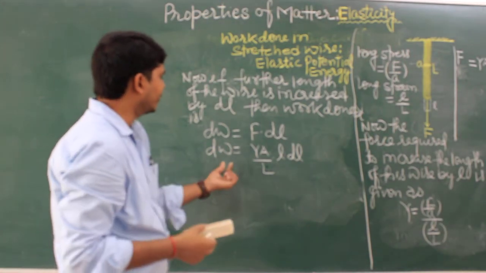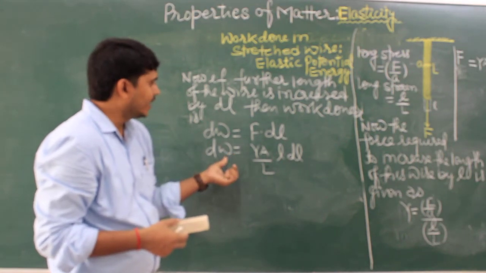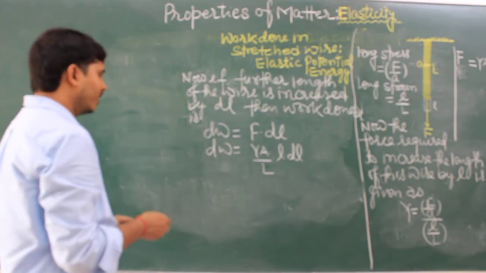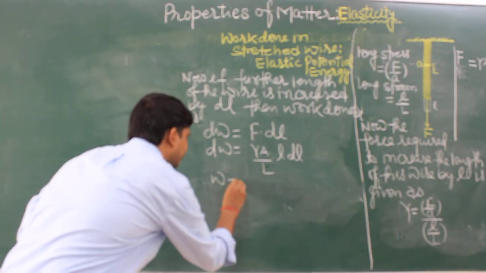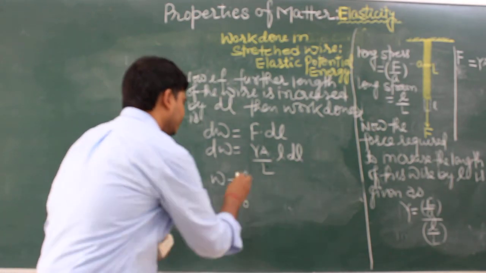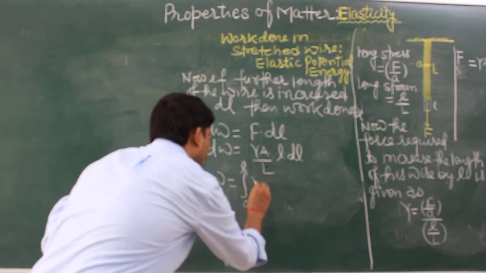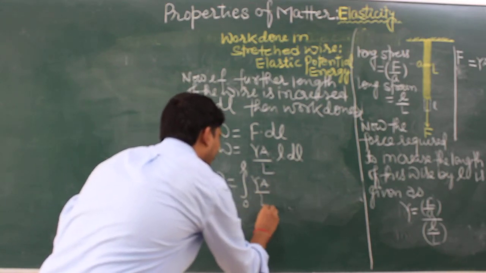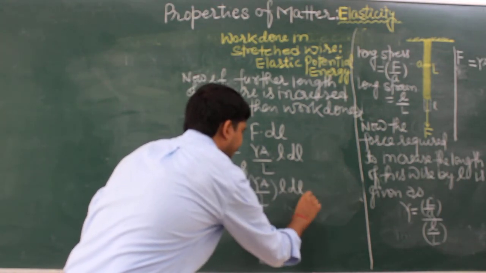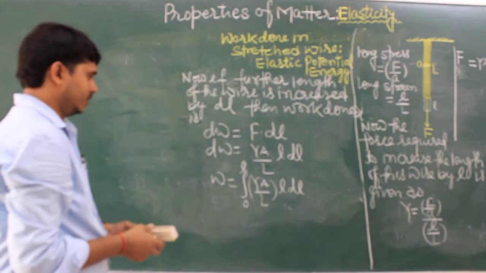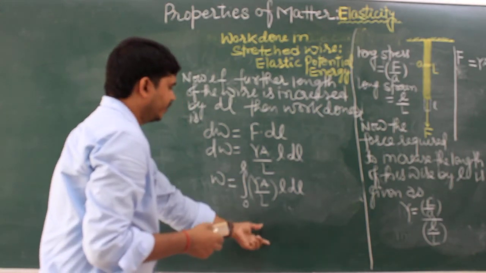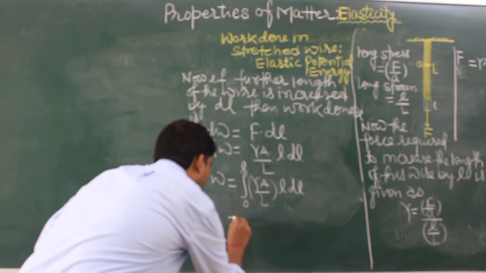Now the total work done to increase the length from 0 to l, the total work done we calculate as the integral with limits from 0 to l of YA over L l dl. Now we will integrate this expression and find out the value of work done.